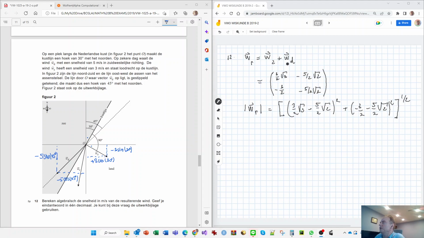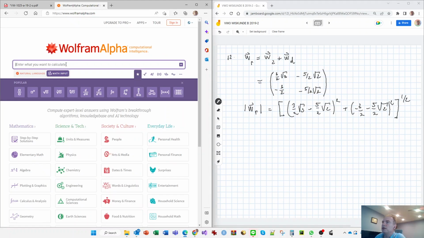I guess you could already put these components as numbers, but anyway, I already wrote it down, so I just want to type this in. Okay, a square root, and then something squared plus something squared. No, already wrong.